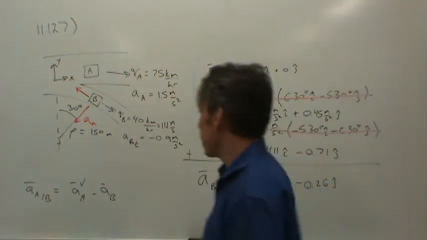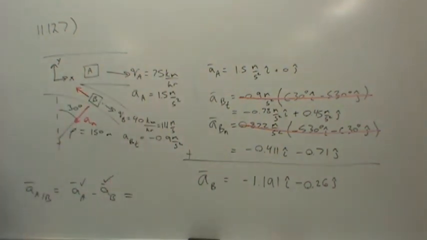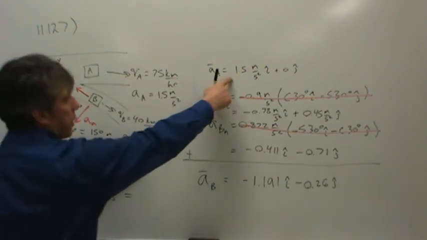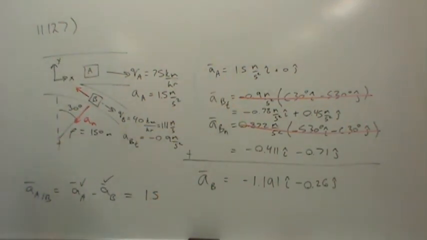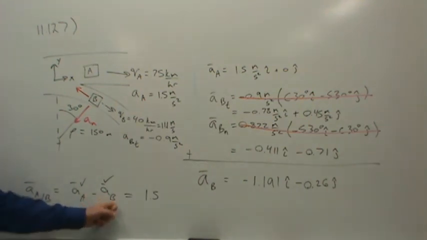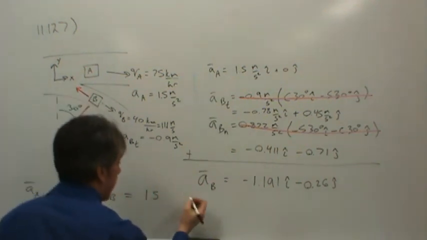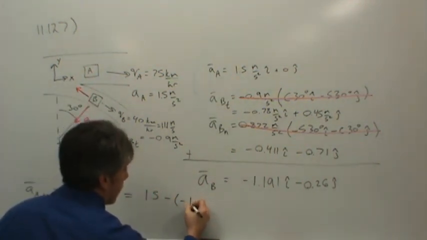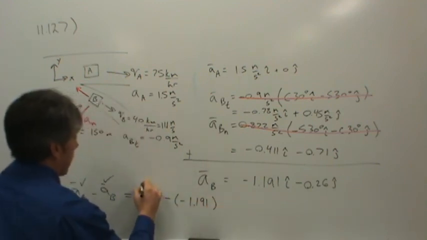So now finally we can plug everything into this equation. So we've got the acceleration of b. The acceleration of a was straightforward. I left it here on the board. It's 1.5 in the i direction, but I have to subtract the acceleration of b, which has a negative component, so that will be the same thing. Oh, here, let's write it this way. It'll be the same thing as adding. Okay.